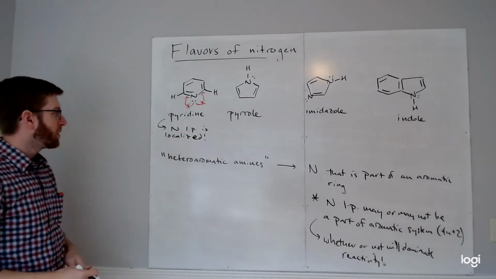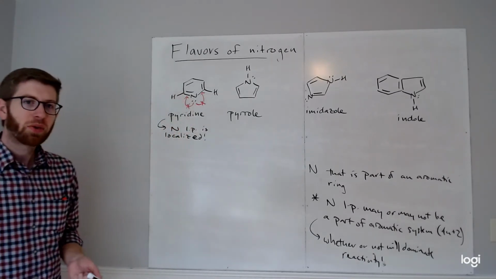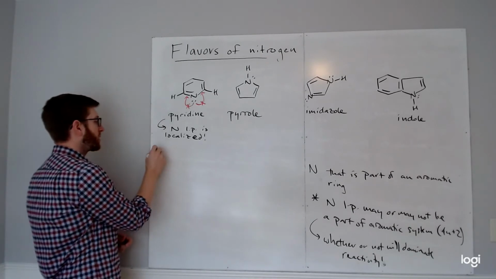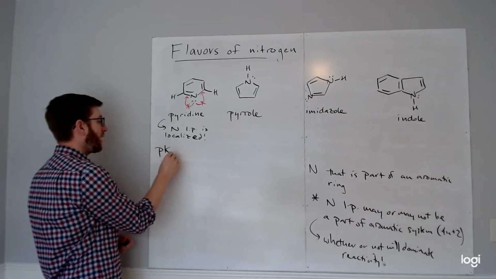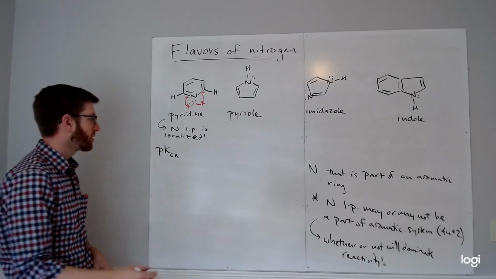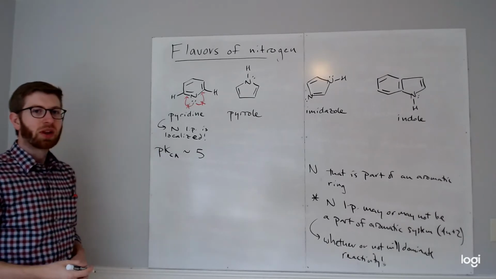And as a consequence, we could look at conjugate acid pKa's. We've used those as a guide to discuss relative reactivities earlier in this video. So the pKa, if I put a proton on the nitrogen and it becomes positively charged, is about 5. So this is kind of similar to an aniline.